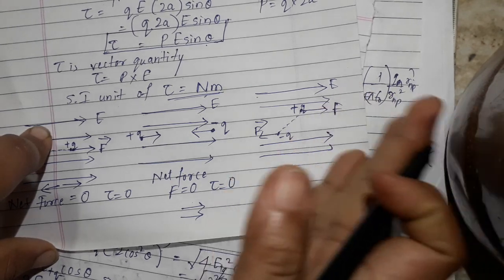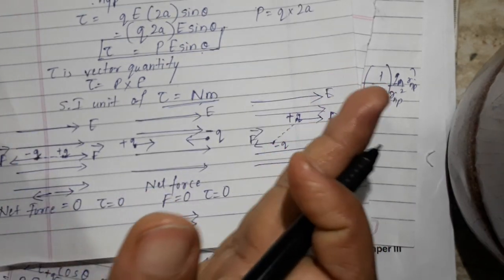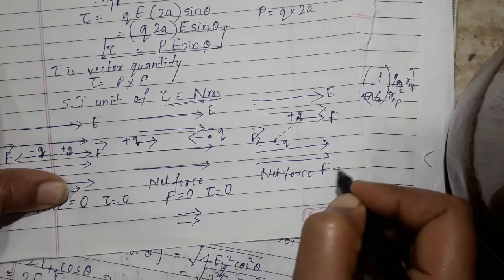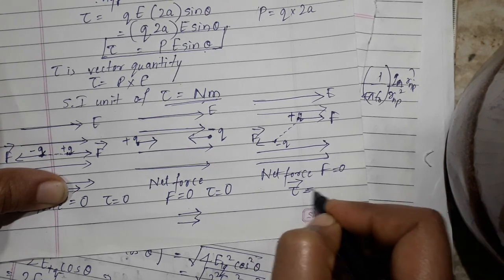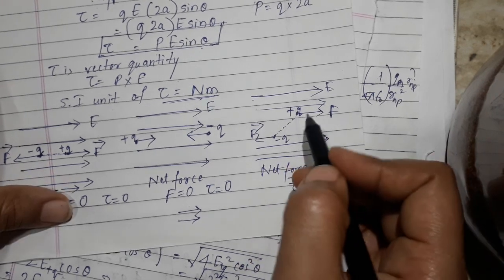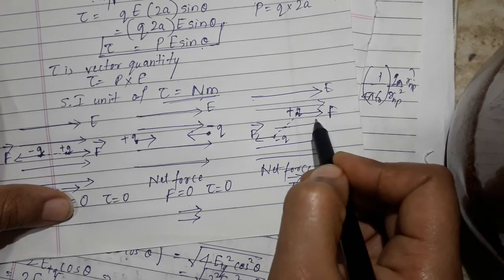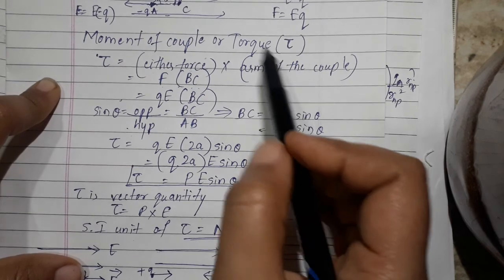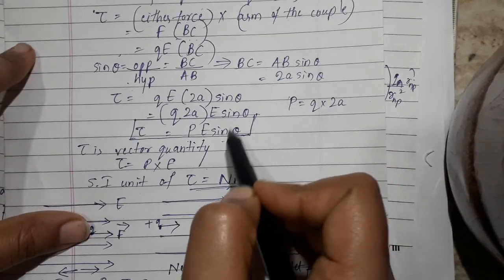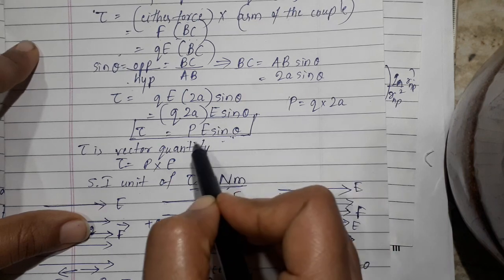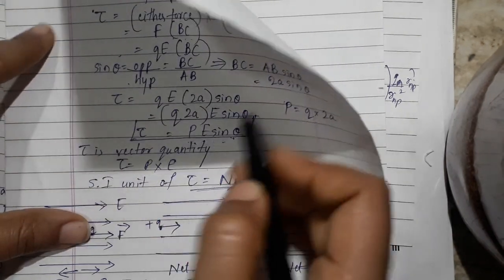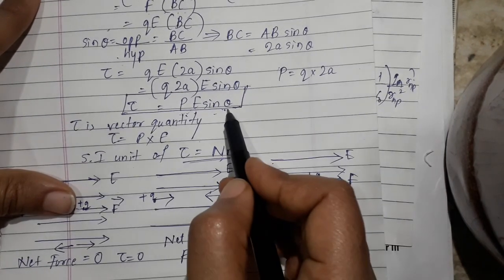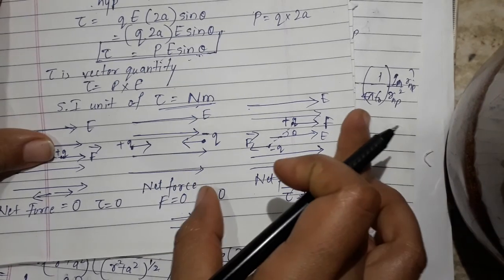F is in this direction and this F is in this direction, both opposite. So the net force will be 0, but the torque will not be 0, because the dipole makes some angle with the electric field lines. There is a sine theta here. In the expression for tau we do not have force, we have the dipole moment, the electric field and the angle, so tau will not be equal to 0.